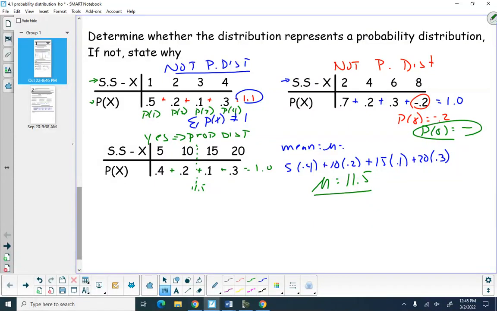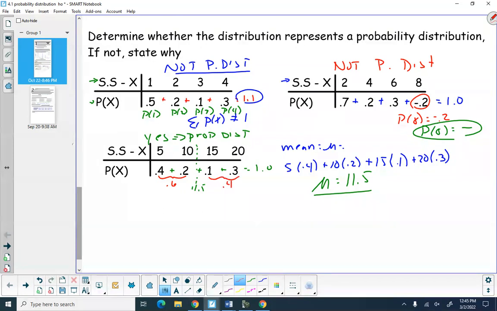And if we take a look at the weight of probabilities, to the left of 11.5 we have a 0.6, and the other two, we have a 0.4.